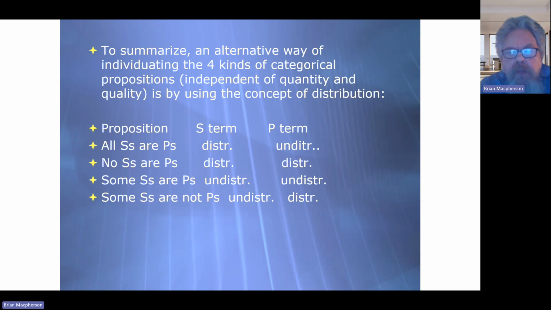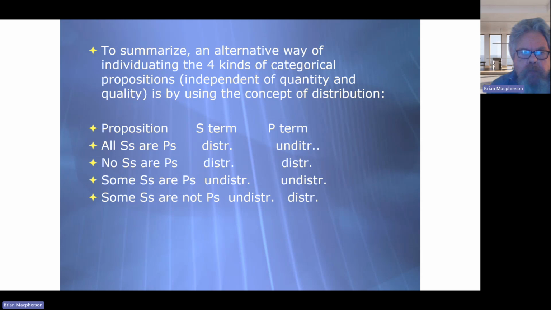Don't worry about trying to justify it; it's an article of faith. So to summarize, you can distinguish the four kinds of propositions in terms of their quality and quantity, that is universal affirmative, universal negative, particular affirmative, particular negative, or you can distinguish them in terms of distribution of terms.